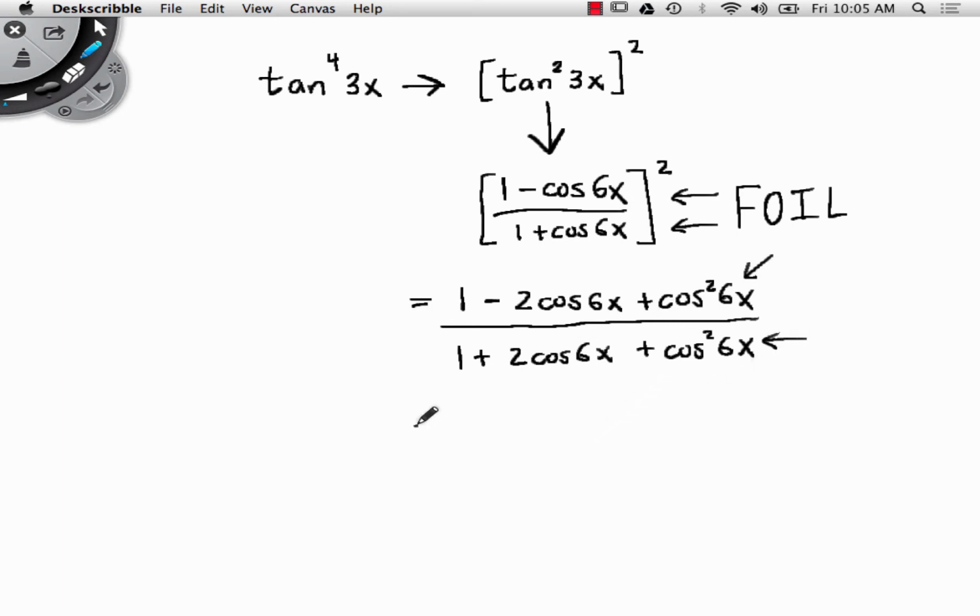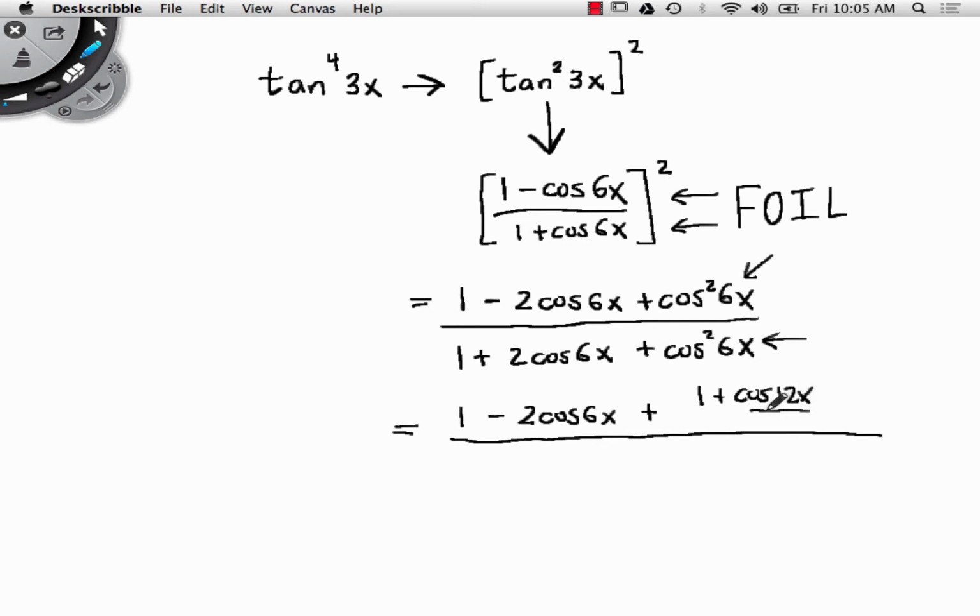Can't divide them out. So this becomes, in the numerator, 1 minus 2 cosine 6x plus 1 plus cosine 12x over 2. 1 plus 2 cosine 6x plus and so on.